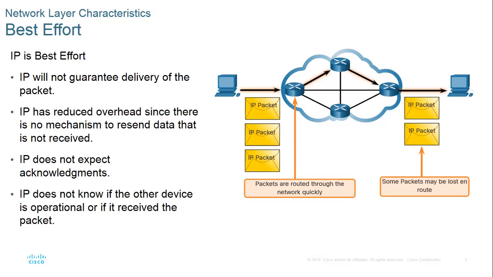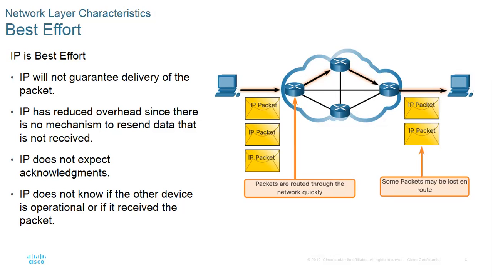There's no buffering of the packet to check if the packet is well received by the destination or not. This reduces the overhead since there's no mechanism to resend data if the data is not received.